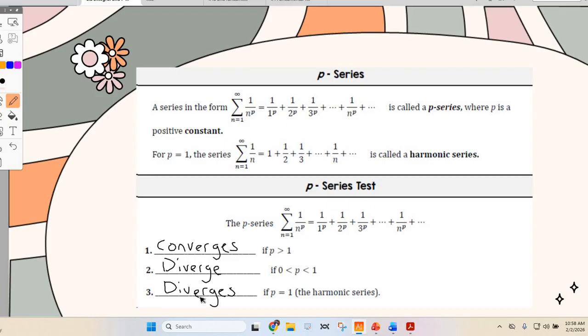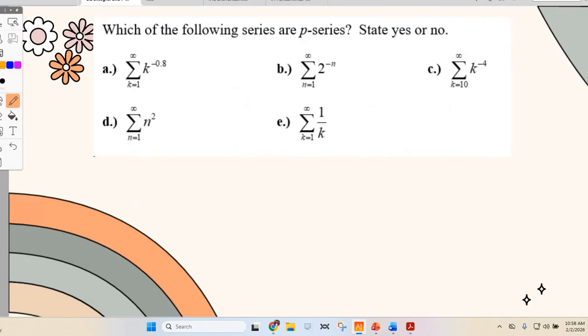Yes, no, maybe so. So let's look at some examples. First, again, we just have to get used to looking at and deciding if something fits a certain form. On this first one, I have k to the negative 0.8. So it's not quite in our format. However, could I rewrite that?